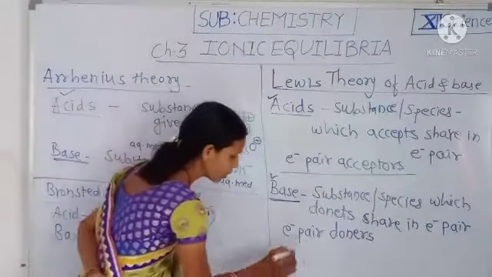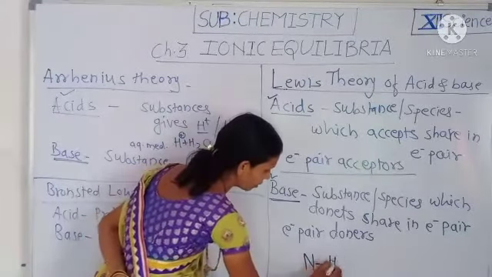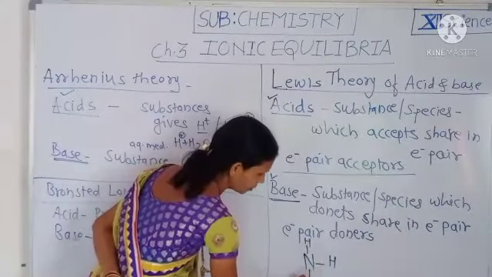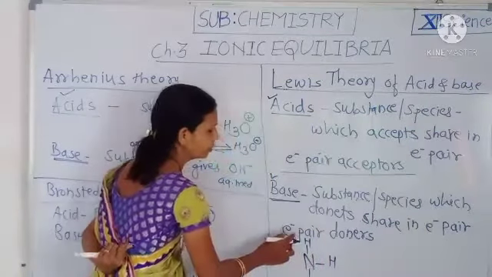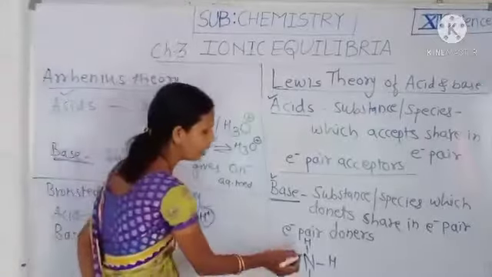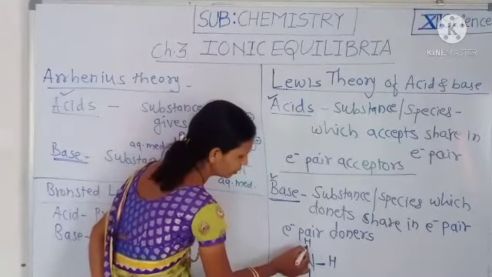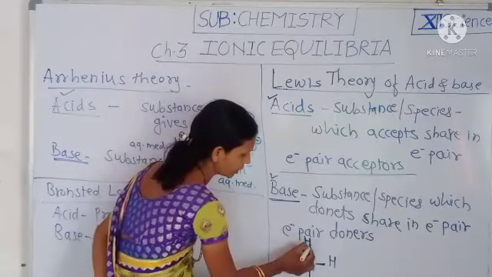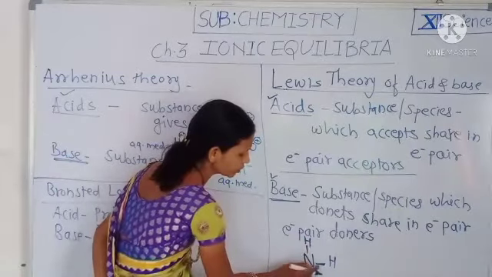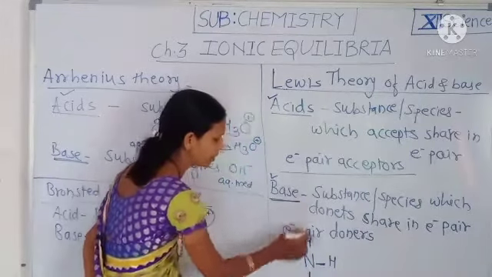See here, all of you are aware of ammonia. Ammonia has the formula NH3. It has 3 hydrogen atoms covalently bonded with the nitrogen atom present at the center.